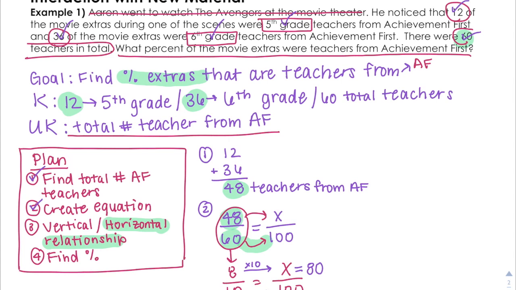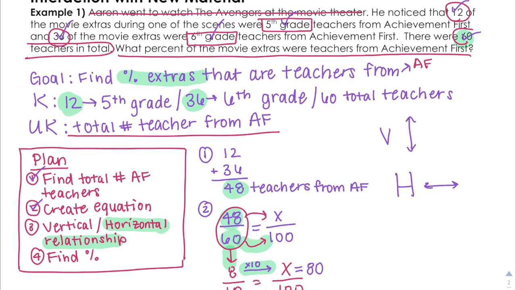Therefore, dividing those by the same number made it a vertical. So we did a vertical relationship first. Then we did the horizontal by multiplying by 10 horizontally. Remember, the directions for vertical are up and down, and horizontal is side to side.